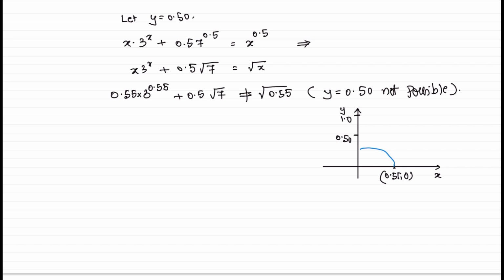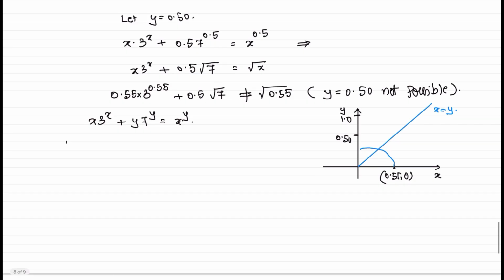Now our xy curve is like this. This is x is equal to y. This is the line. Now 0.5 is not possible. Why? y is equal to 0.5, not possible. Now let us say whether it will be possible for the equation x into 3 to the power of x plus y into 7 to the power of y is equal to x to the power of y.